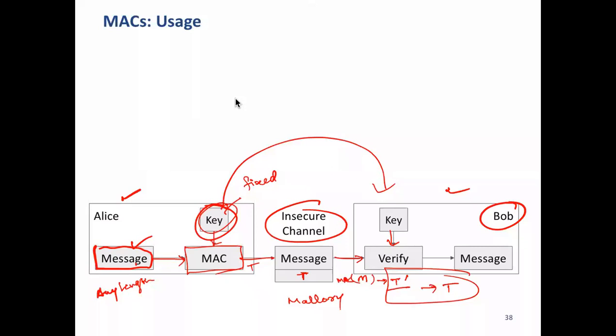Okay. So does it satisfy non-repudiation? Can Alice claim that I have never sent a message and Bob has generated that message?